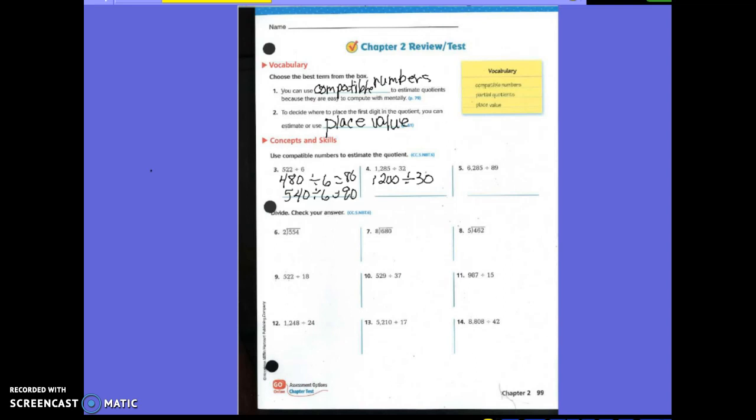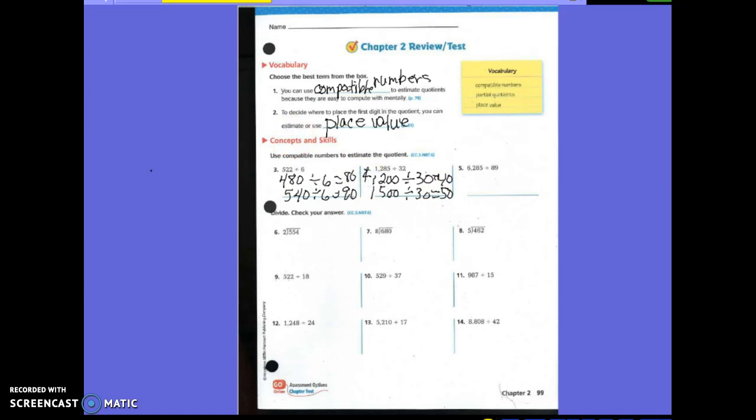If we wanted to go one bigger, we could say 1,500. But in our brain, we should know that this is going to be the closest estimate right here.